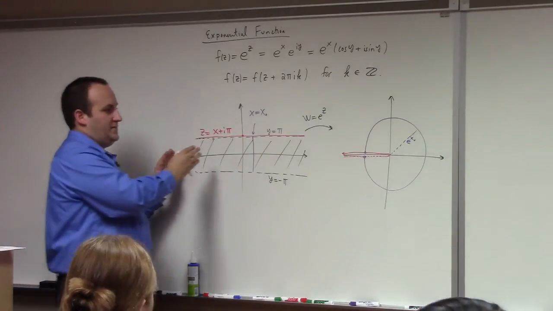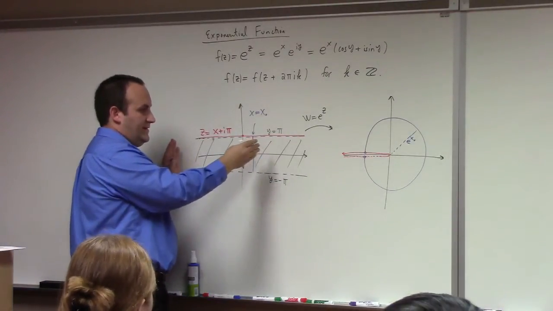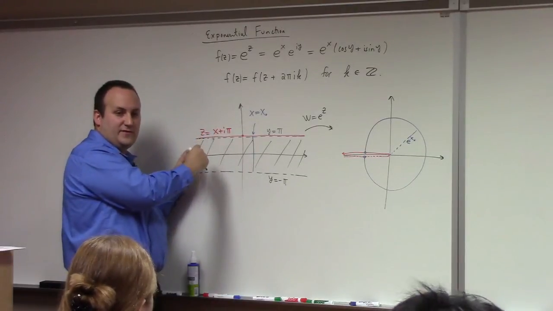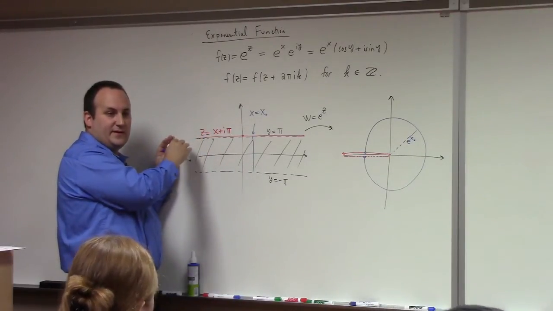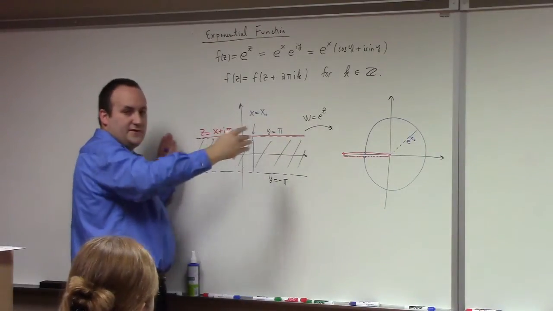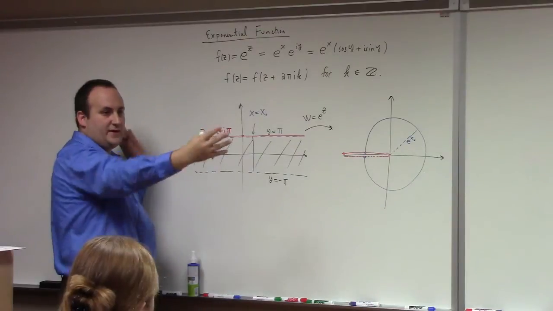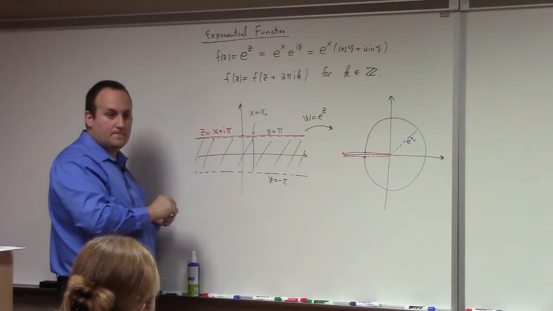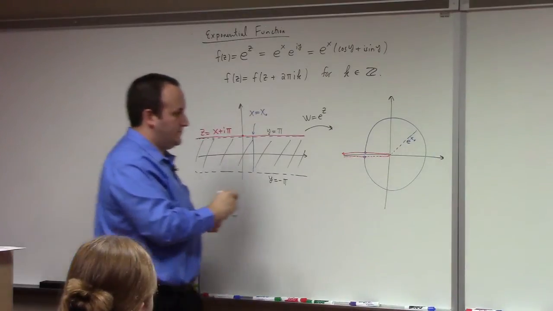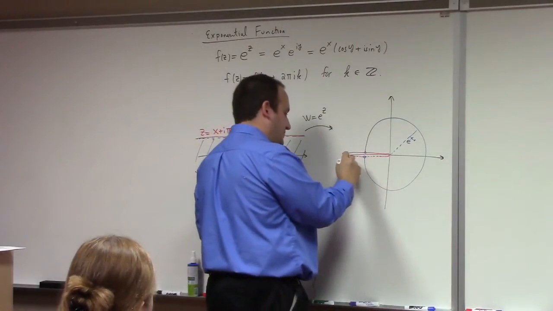And so if you look at it, as x goes to minus infinity, you get circles smaller and smaller and smaller, right? And as x goes to infinity, the circles get bigger and bigger, and so they just fill out the whole W plane, right? But there's this one pesky place right here.